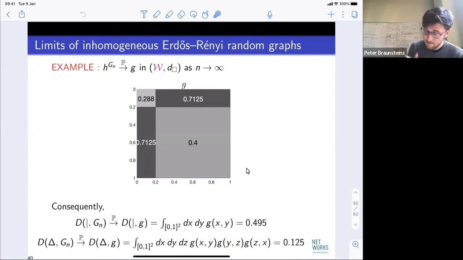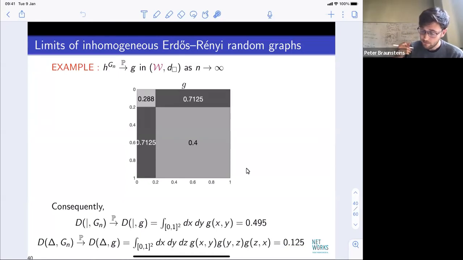Due to the fact that the subgraph densities are continuous with respect to the cut distance, we get convergence of our edge densities to the density in our smooth graphon. So the edge density is 0.495 here, and the triangle density is 0.125.